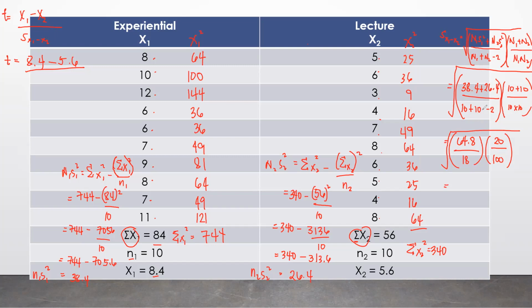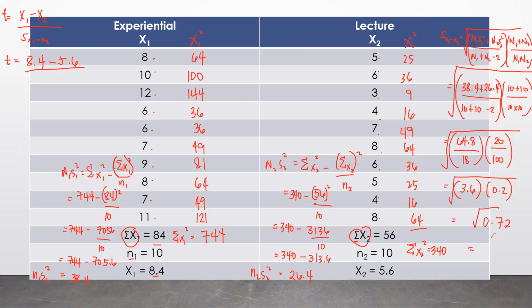So, 64.8 divided by 18 is 3.6. 3.6 times 20 divided by 100, kalkyun pa dyan, no? 0.2. Get the square root also. So 3.6 times 0.2 is 0.72.